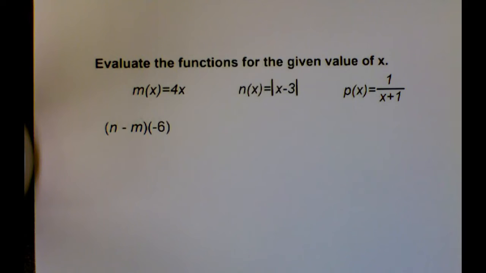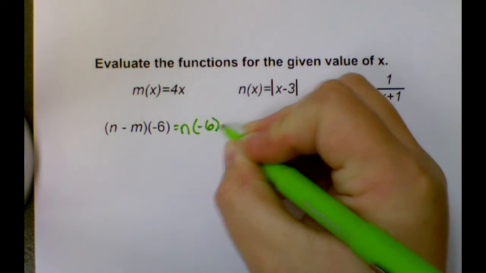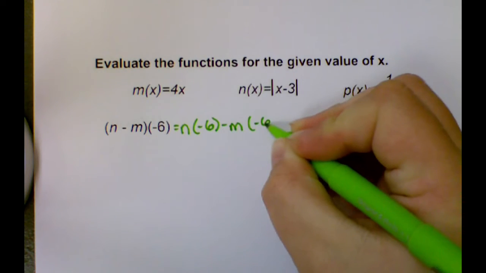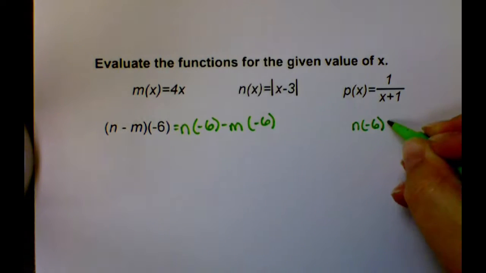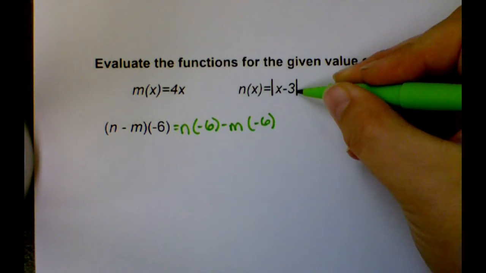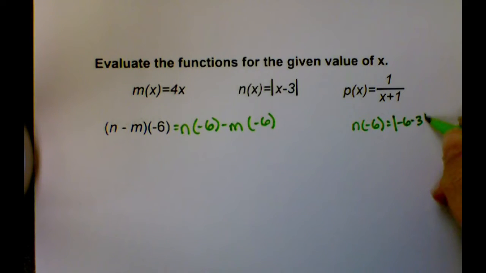So let's evaluate these functions. I have n minus m of negative 6. That means I can take n of negative 6 minus m of negative 6. And I can easily find n of negative 6. n is absolute value of x minus 3. So absolute value of negative 6 minus 3 is the absolute value of negative 9, which is just 9.